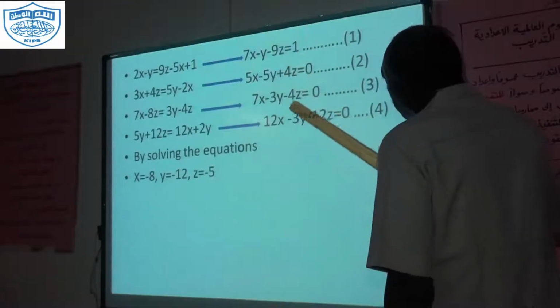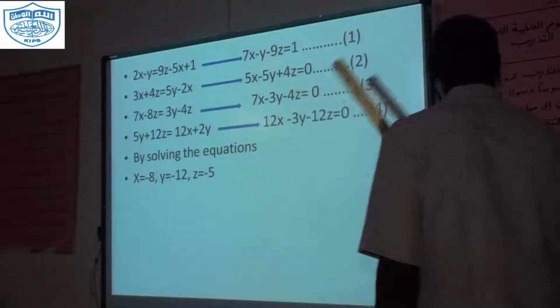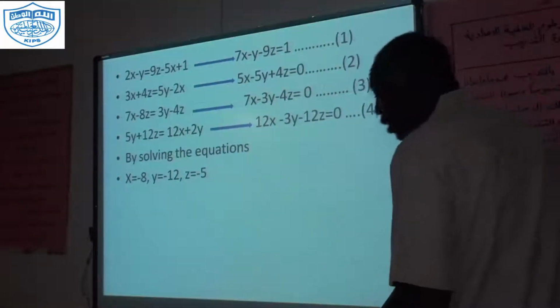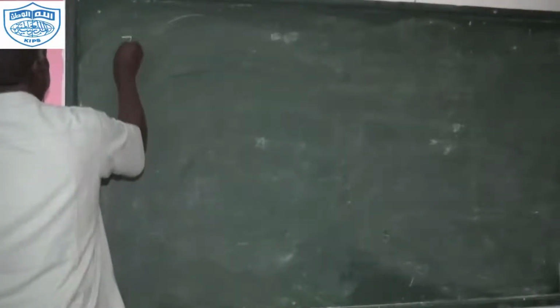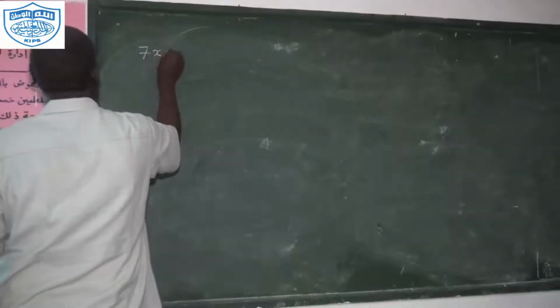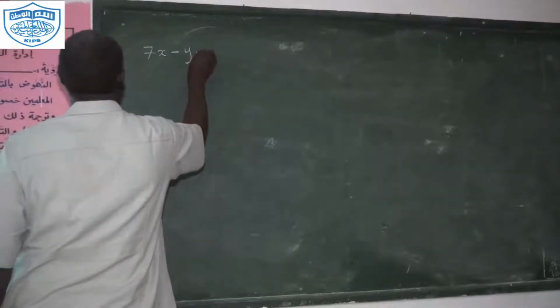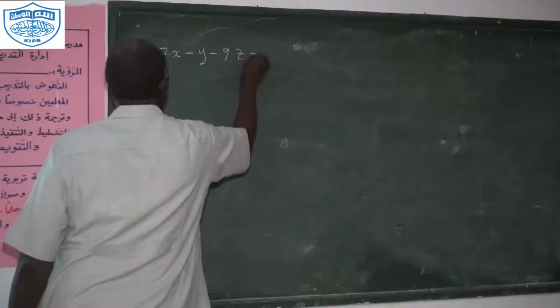By solving these four equations simultaneously, the first equation is 7x minus y minus 9z equals 1.